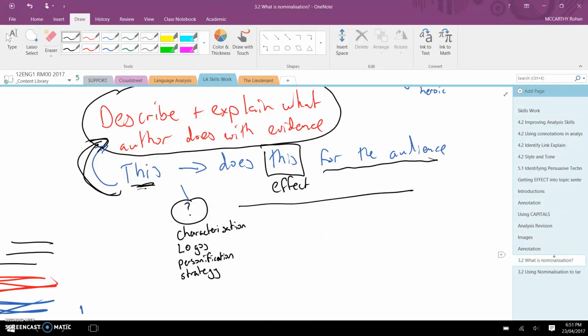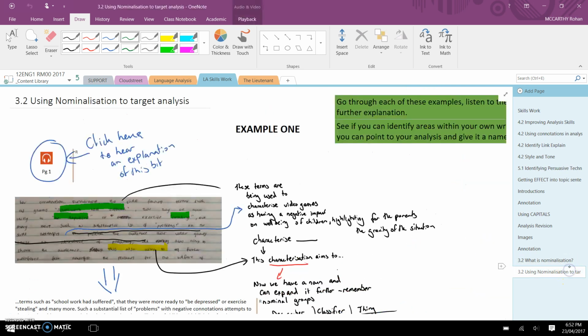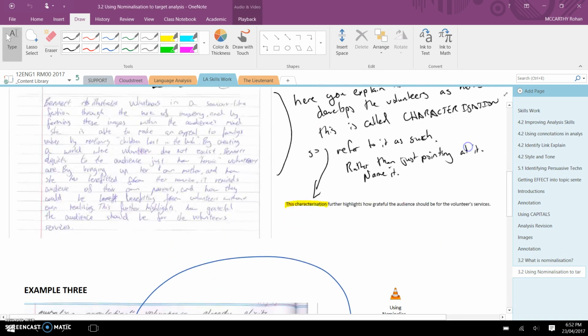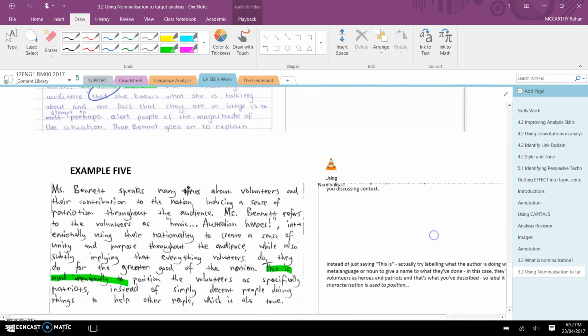Okay, so if you want to look at some examples of these things and how they fit between this part of the sentence and the effect part of the sentence, have a look at 3.2, Using Nominalisation. I've got plenty of examples that show you how nominalisation can be used.